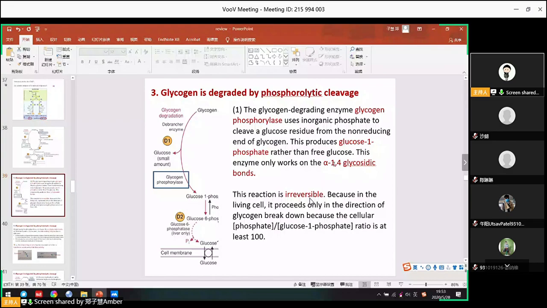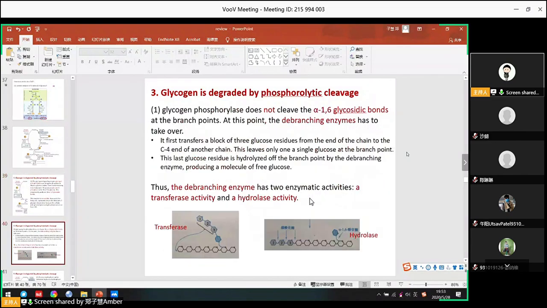But we know glycogen has a branched structure. So it still has the branch structure, and there is a second enzyme called the debranching enzyme. How does the debranching enzyme work? The debranching enzyme will cut the alpha-1,6 glycosidic bonds.